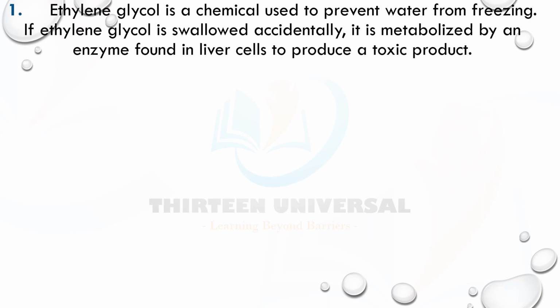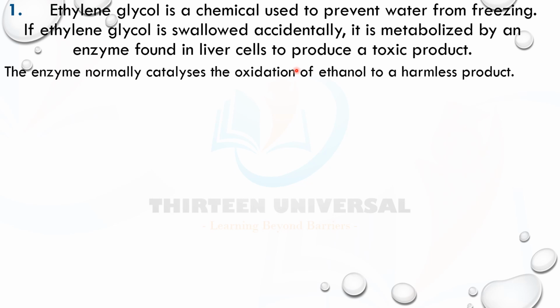Ethylene glycol is a chemical used to prevent water from freezing. If ethylene glycol is swallowed accidentally, it is metabolized by an enzyme found in liver cells to produce a toxic product. The enzyme normally catalyzes the oxidation of ethanol to a harmless product.